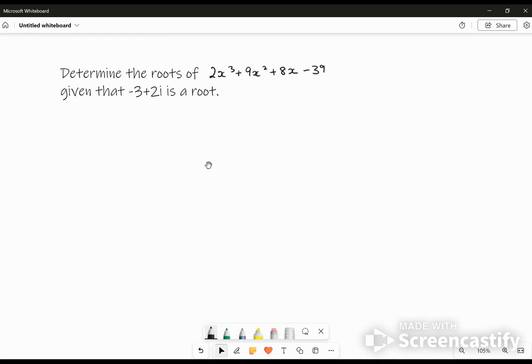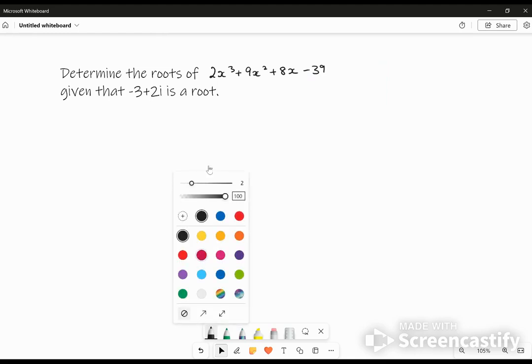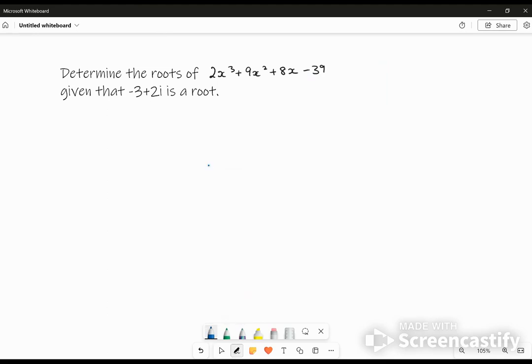Okay, if this one is a root, then we know by the conjugate root theorem that negative 3 minus 2i is also a root of this same function.